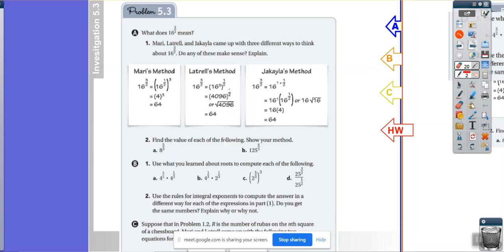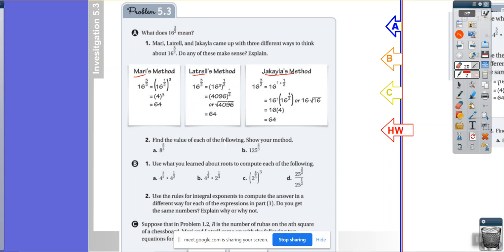The answer is yes. All right, so here's what we've got for today. What does 16 to the 3/2 power mean? So we have 3 students. We have Marie, Littrell, and Jacala, and they applied some rules of exponents, and you are being asked to tell us if they applied those rules correctly.